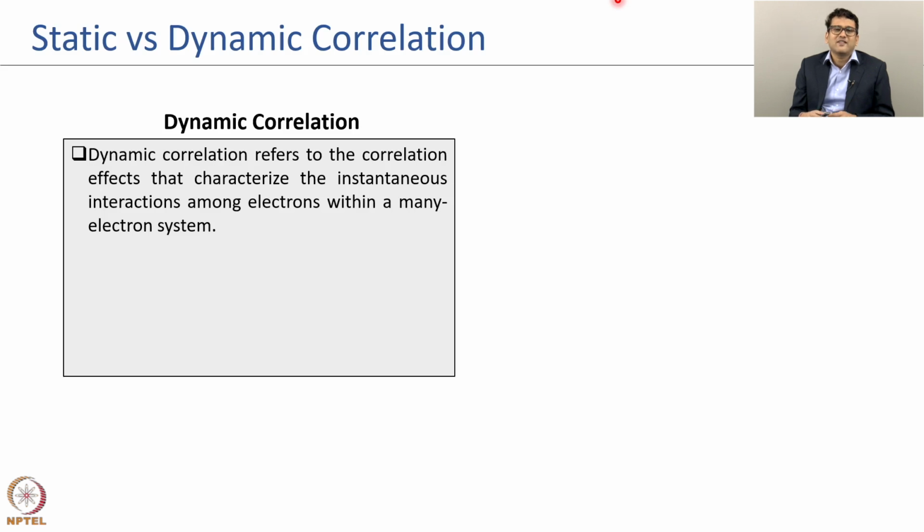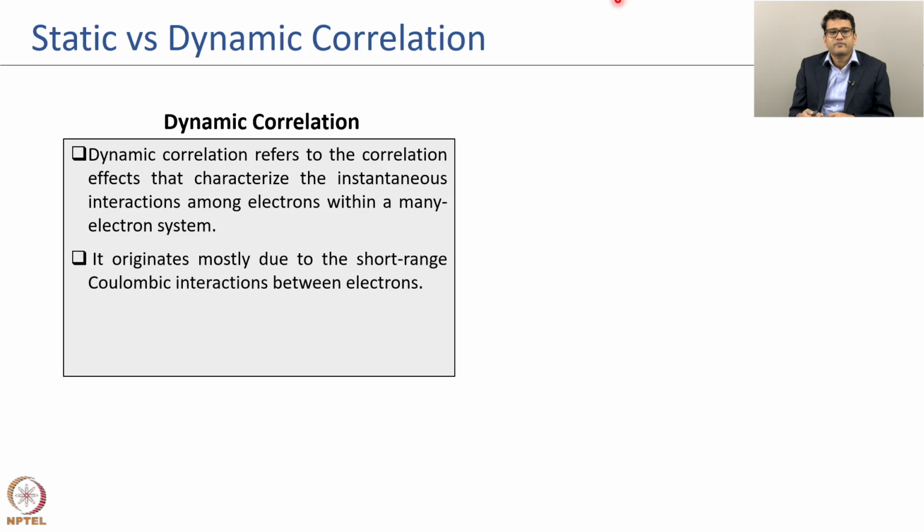This chit chat is actually the dynamic correlation, the instantaneous interaction between the electrons, and it originates mostly due to the short range Coulombic interaction between the electrons. Because it is a short range interaction, this leads to certain properties for electron correlation methods, which we are going to exploit in subsequent lectures.